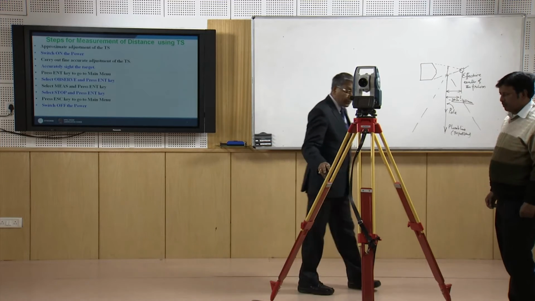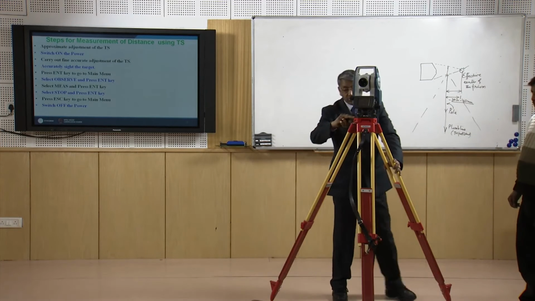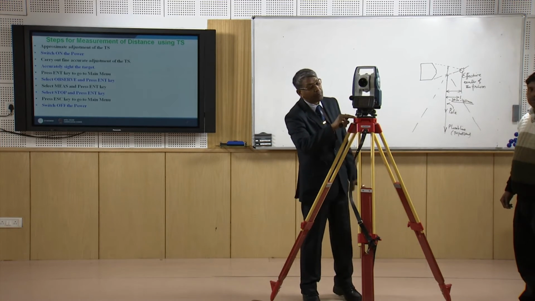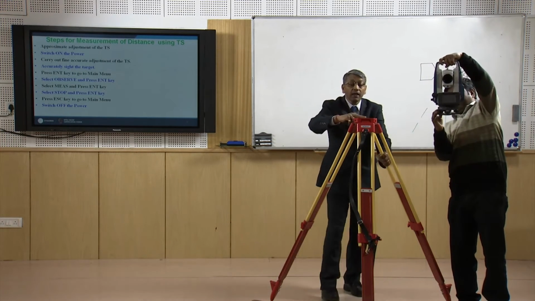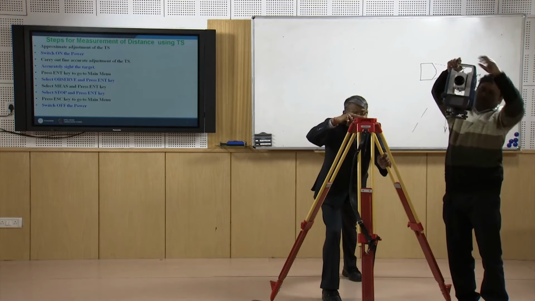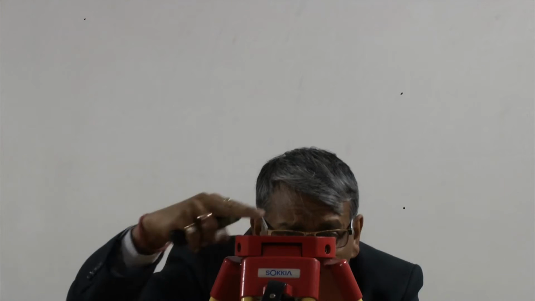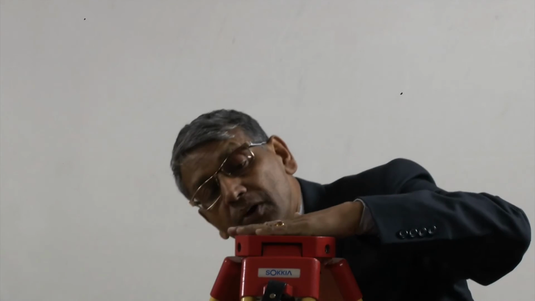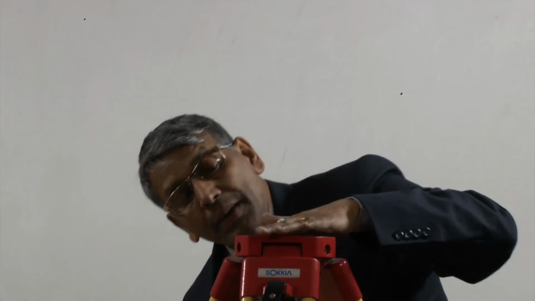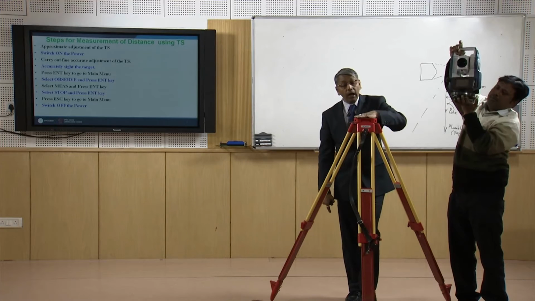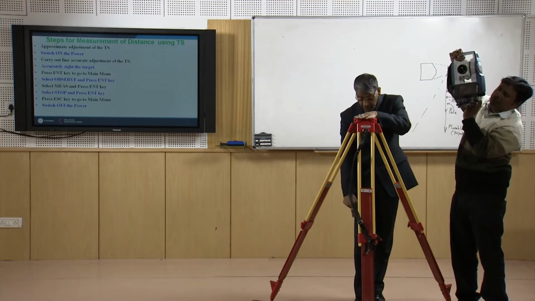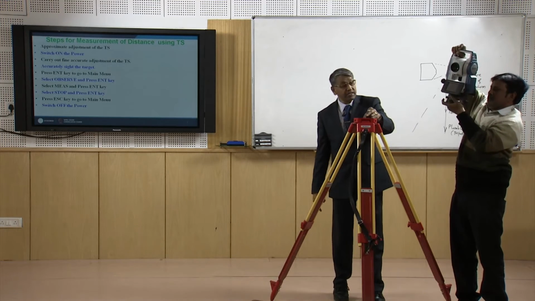We first have to level the head of this tripod stand approximately. Approximately this is level, and if we look through this, the centering of this head should be above the center. So, this is the centering way.